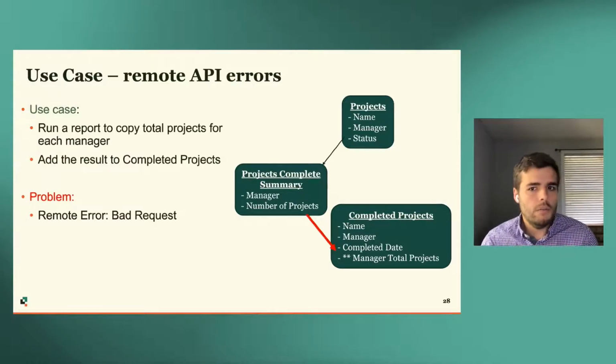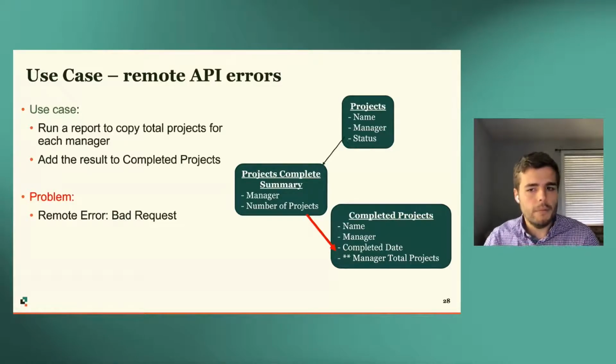So let's go over a scenario where I'm receiving a remote API error. In that same app that we talked about previously, I have this projects table that has the name, manager, and status. What I want to do is run a report that gets the total number of projects that each manager has, and then adds that value to this completed projects table.